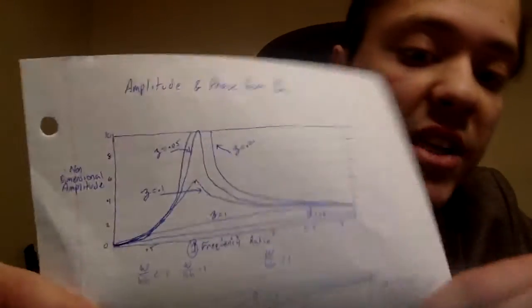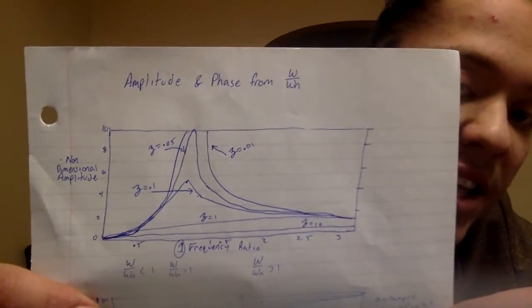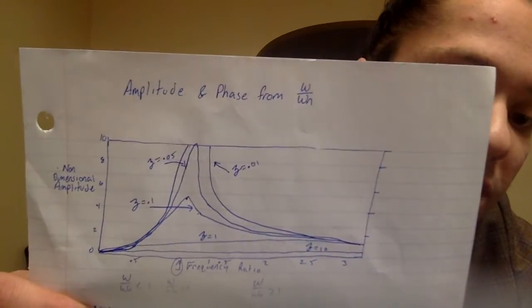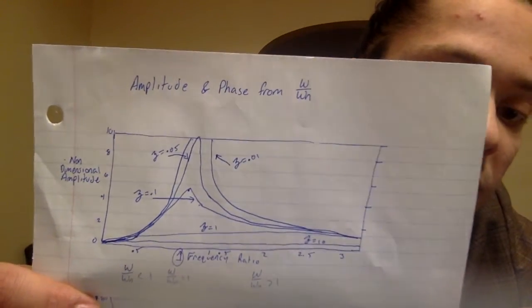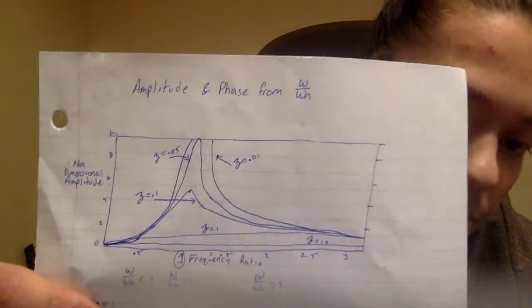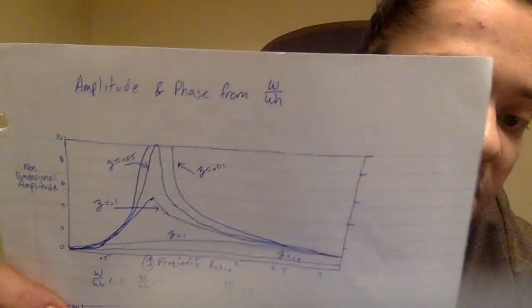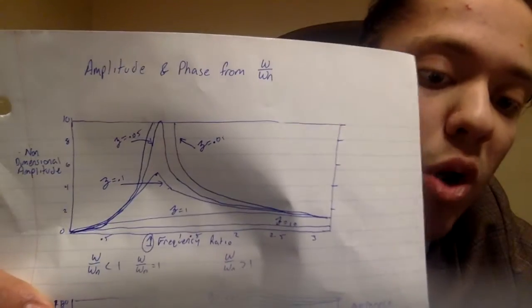It's really important to note the importance of the frequency ratio and the damping coefficient on the response of the systems. If you look at the response in this graph here, you can see that as zeta decreases, the amplitude at the critical frequency increases. And this critical frequency is the natural frequency, where the frequency ratio is 1.